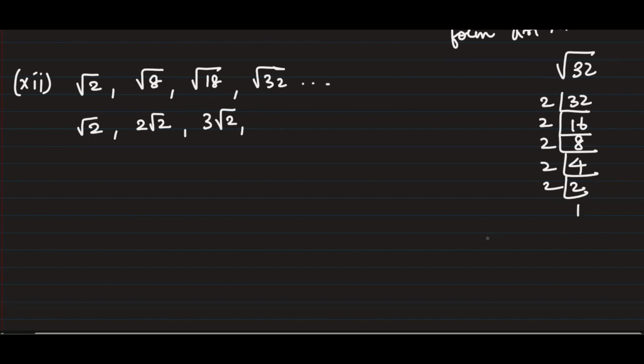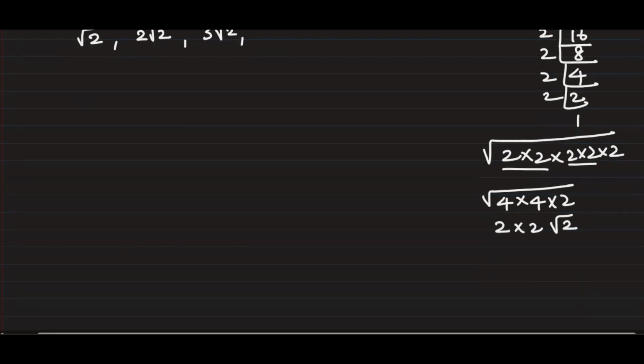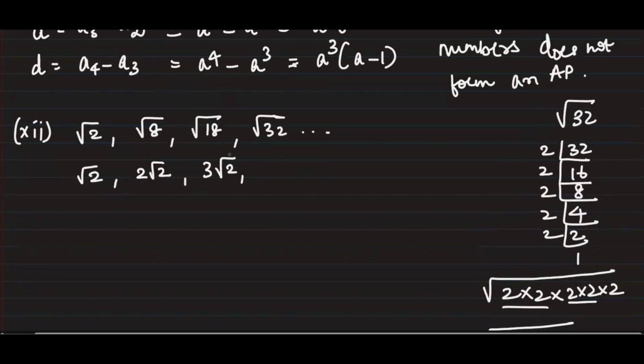So root 32 can be written as the square root of five 2s. Combining, this becomes root 4 into root 4 into root 2. Root 4 is 2, and the other root 4 is again 2. Root 2 we cannot simplify, so root 32 is 4 root 2.